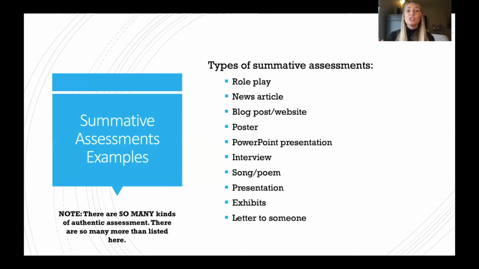In some cultures, songs are really important and a great way to express ideas. So a song or a poem, spoken word, are beautiful ways for students to authentically express their content knowledge and their skills. Also, another presentation, we have exhibits like we saw in the video, which I think are such great ways to show what students have learned.